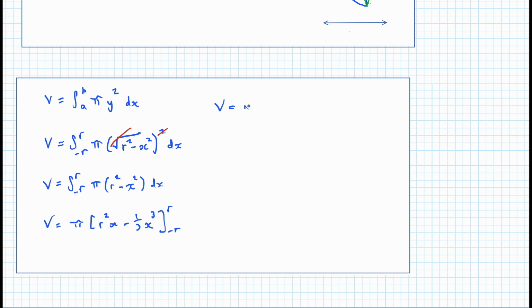So we leave pi for now out front, and we'll do that out. R squared and x. X, in this case, is our limit of r. So we put that in. Minus 1/3 r cubed.